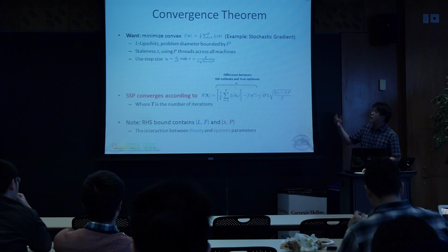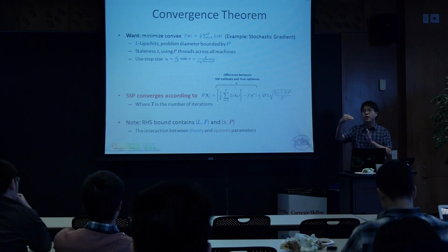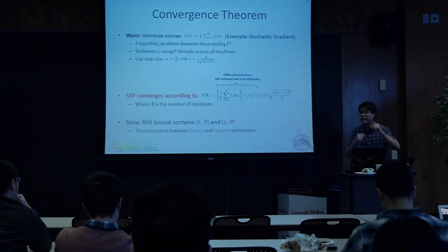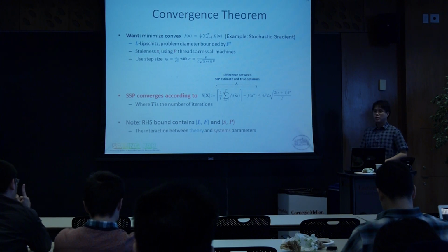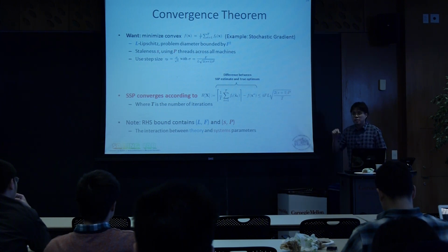But we define picking one batch of data and doing one pass over all the variables in a stochastic gradient fashion as one iteration in this context. However, what's really happening is that if there are p threads, that means p iterations are being executed in parallel in one step. So the little index t refers to a step made by a single thread.